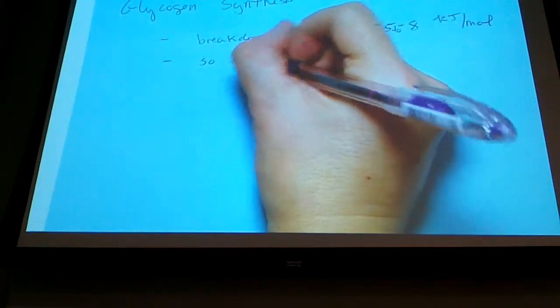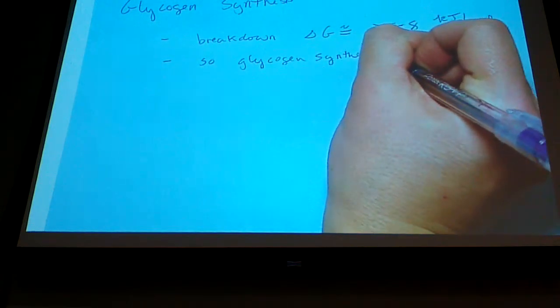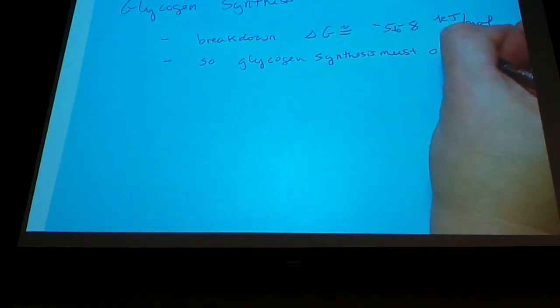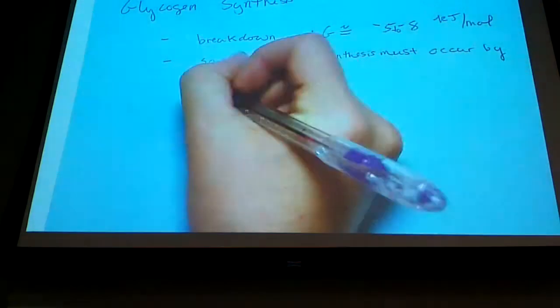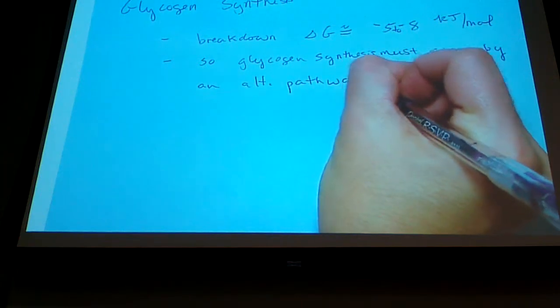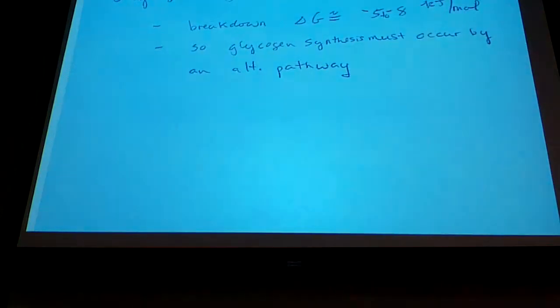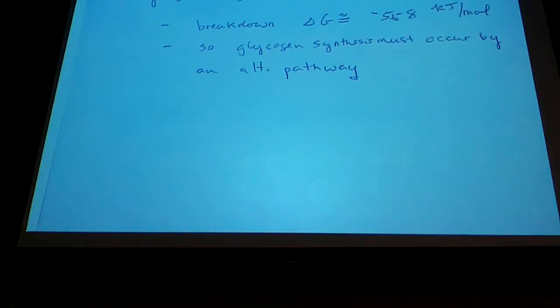So glycogen synthesis has to happen by a different pathway. It can't be backwards for glycogen catabolism because the energy says we can't go that way.